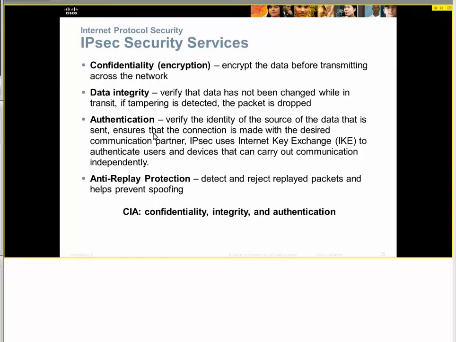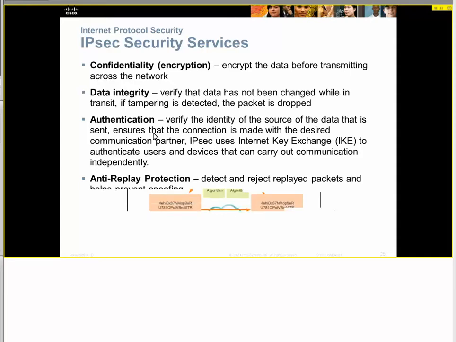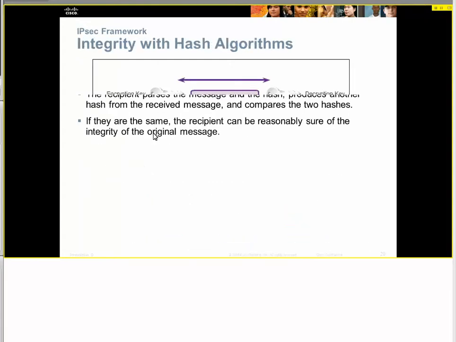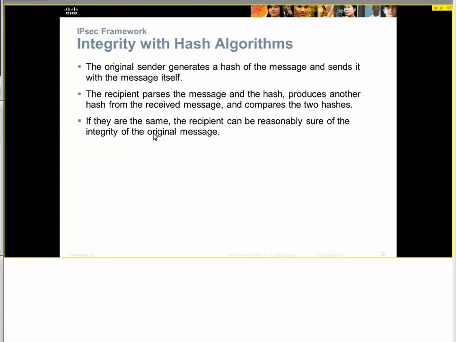Now, the integrity is what we use to verify that the data has not been changed or altered during transit. And that's integrity. What we use for integrity is called a hash algorithm. And just like with encryption, there are several algorithms that can be used for hashing.